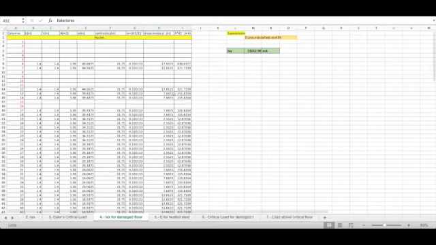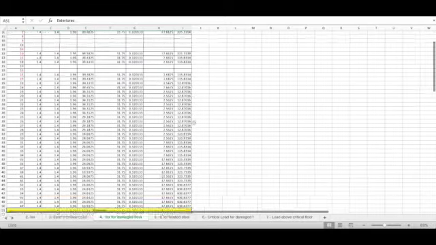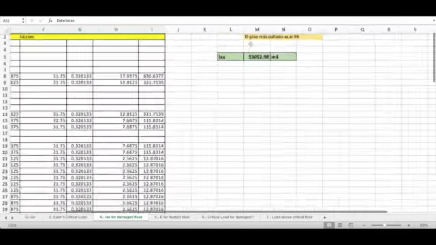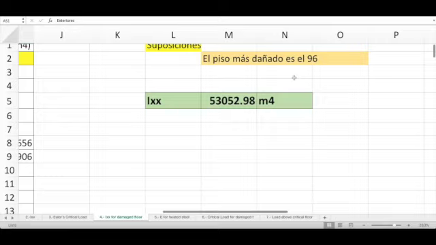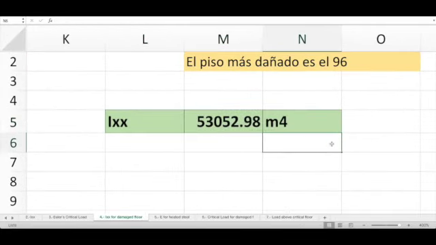From the elimination of these columns, we calculate the moment of inertia as we did previously, resulting in 53,052.98.